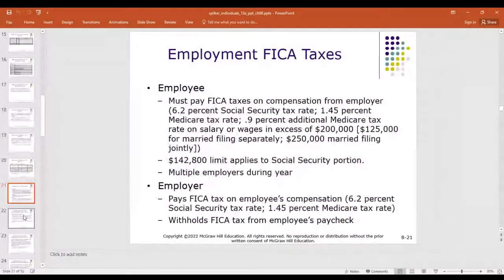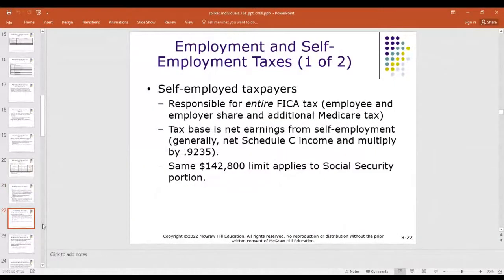So when it comes to self-employed individuals, they pay the entire amount of FICA and Medicare, or Social Security and Medicare. They pay the employee portion and the employer portion. How is their tax calculated? It's based on their profits from their Schedule C, and first we multiply that by 92.35%.